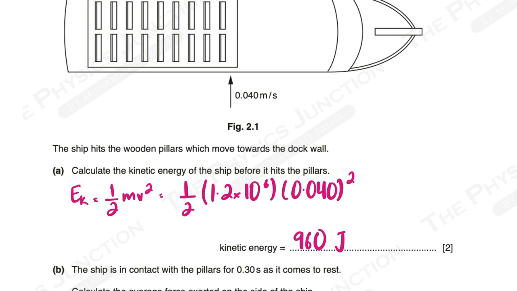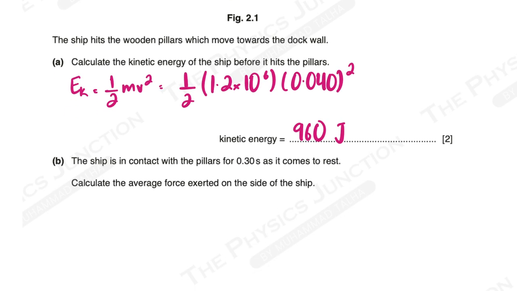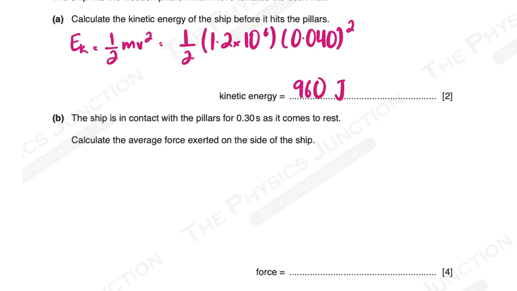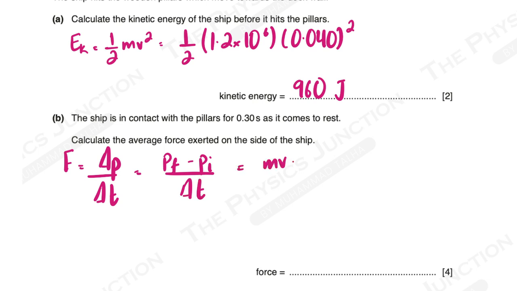The ship is in contact with the pillars for 0.3 seconds as it comes to rest. Find the average force exerted on the side of the ship. Again, force is the rate of change of momentum. So Pf minus Pi over delta t, or mv minus mu over delta t. Obviously final momentum is 0 because it comes to rest.